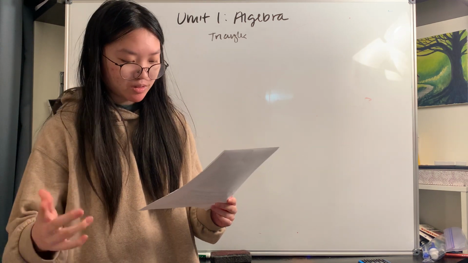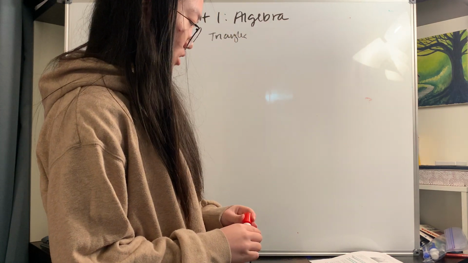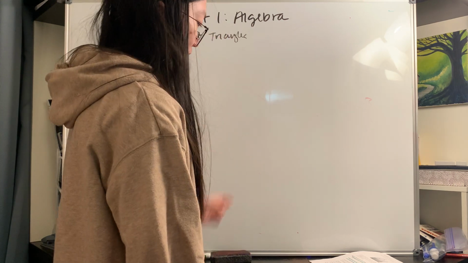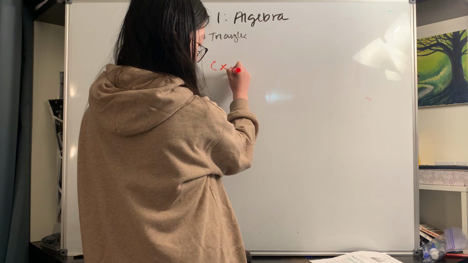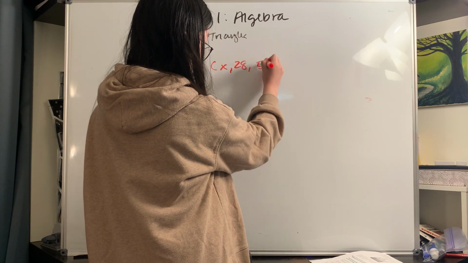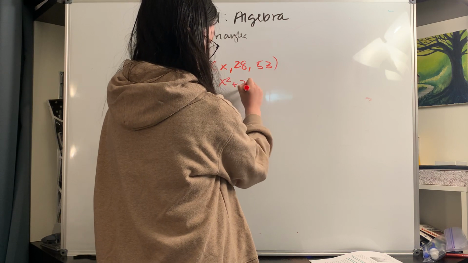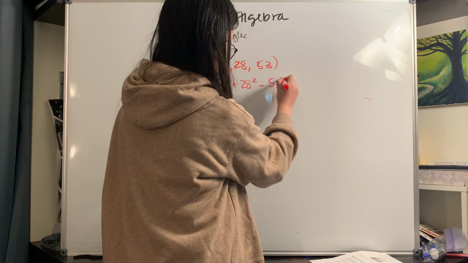Alright, well, let's figure out what x, y, and z are first. They all satisfy the equation a squared plus b squared equals c squared, and it's an ordered triple. So if we start with this set here, x, 28, 53, we know that x squared plus 28 squared is equal to 53 squared.